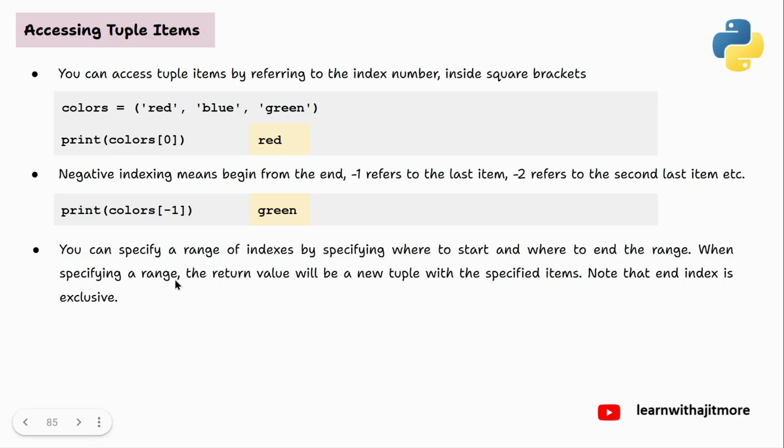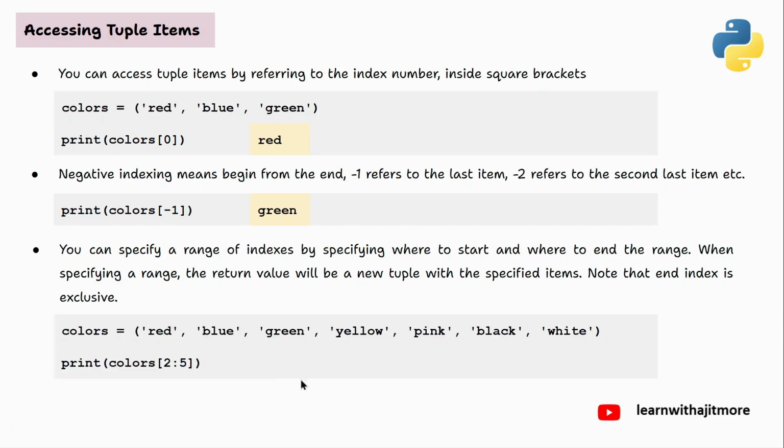When you're specifying the range, always remember the end index is exclusive, never considered. And when you give a range, whatever elements come in that range, it creates a copy tuple. It is not going to make any change to the original tuple. It will just create a new copy tuple of the same elements which come within that range. The return value will be a new tuple with the specified items.